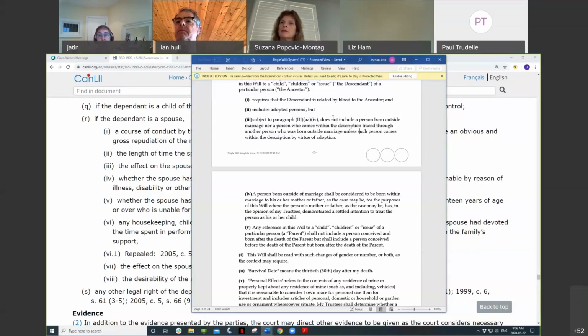So if I said to them, oh yeah, don't worry, your will's going to cover it, notwithstanding that our will says all property wheresoever situate, which typically governs all, it doesn't apply to land in a foreign jurisdiction unless that jurisdiction recognizes our wills. And so the first recommendation is to go get a will done in that jurisdiction.